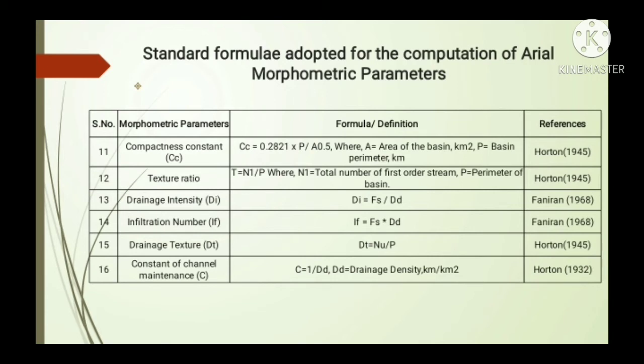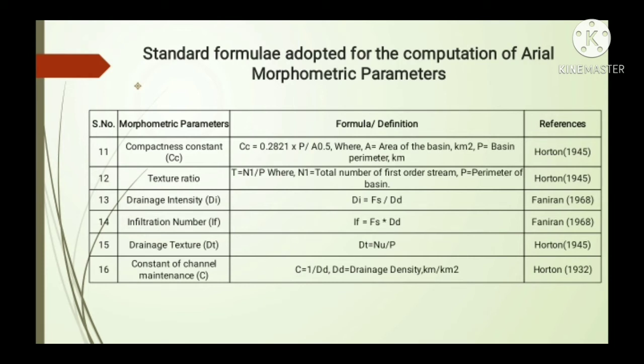A low value of drainage density, stream frequency, and drainage intensity indicates a slow rate of surface runoff drained from the watershed, making it more prone to flood, landslide, and gully erosion. In 1968, Faniran defined the infiltration number as a product of stream frequency and drainage density. A low value of infiltration number indicates higher infiltration and reduced runoff.